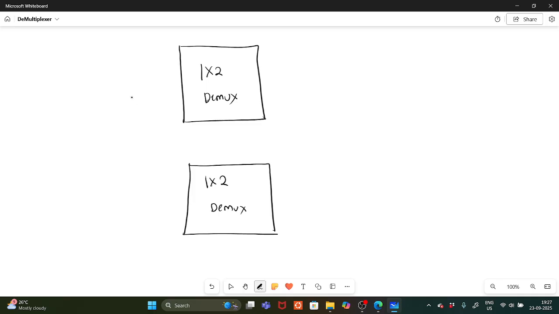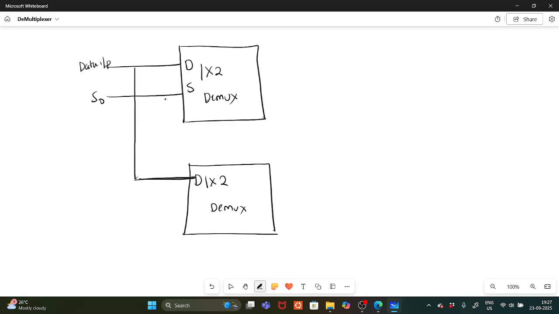Okay. So a common data line will be given. This is the common data line, the data input for the two demuxes. Okay. Common data input is given. This is the D input. Okay. So selection line. This is the selection line, this is S naught.